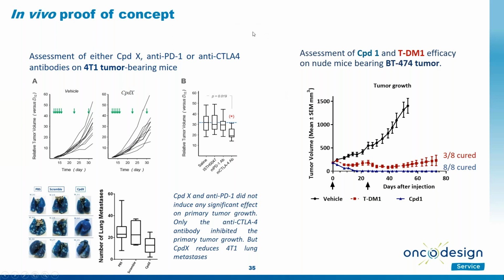And here are just two examples of basic in vivo models. One is a syngeneic breast tumor model that was used to evaluate the first efficacy of a compound that we expect to impact the immune system of mice to obtain a tumor efficacy.